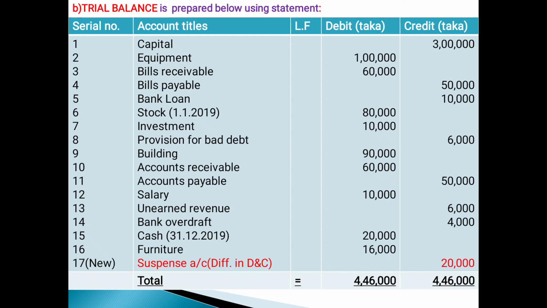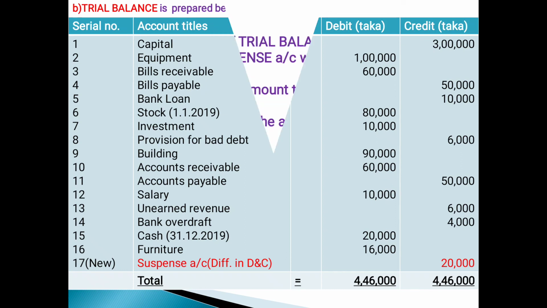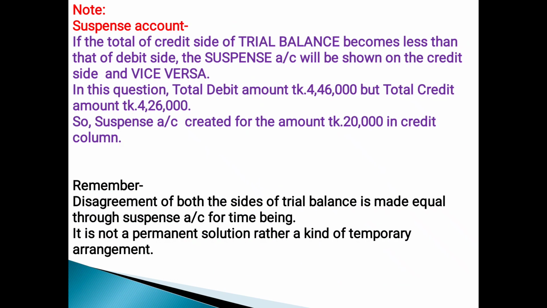Dear learners, I think you have written the trial balance in your accounting practice copy. Now we can go for the solution of requirement C. Before going to requirement C, note the suspense account. What is a suspense account?